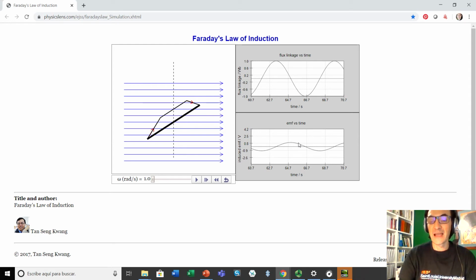Alright? And these are the things you have to explain. You want to explain why we have this effect. Okay? Why we have zero voltage induced, electromotive force induced, when we have either maximum or minimum flux, and why we have this increase when we have this decrease, and look, here we have a decrease when we are going even down here, right?